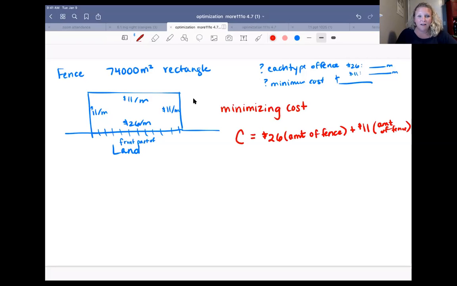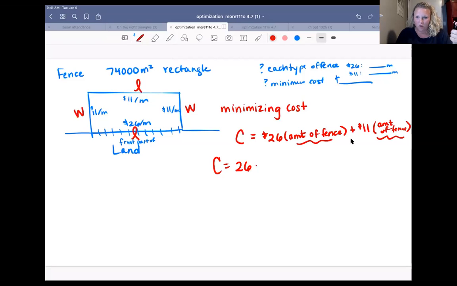If this is a width, and this is a width, and this is a length, the two widths and the top length, all three of those measurements of meters will be this $11 perimeter. And then the $26 along the front is that amount of fence. So you can start replacing some letters if you want. It's $26 times the front length.